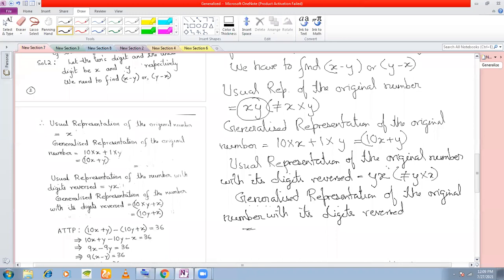The usual representation is yx, so the generalized representation will be: you multiply y by 10, and you multiply 1 with x. You get 10y plus x.